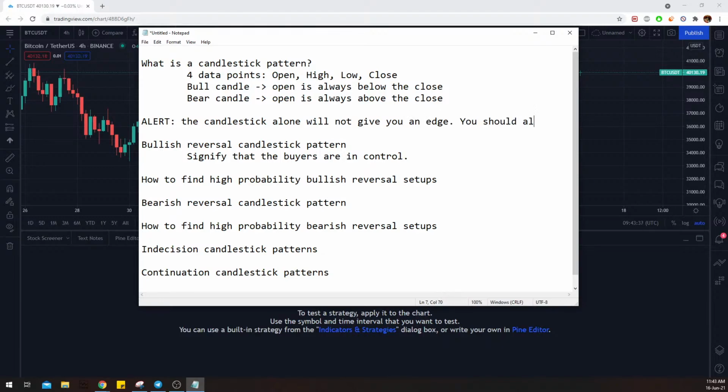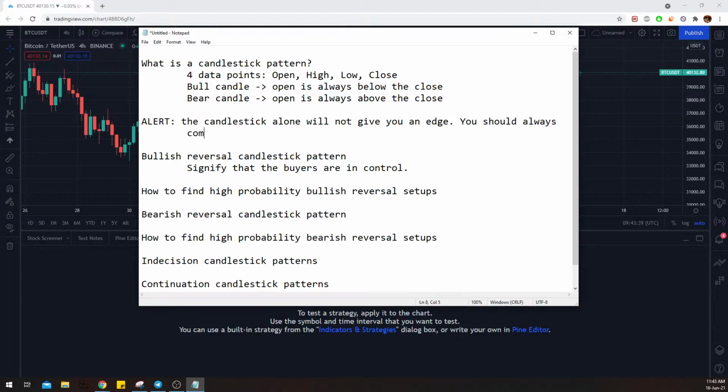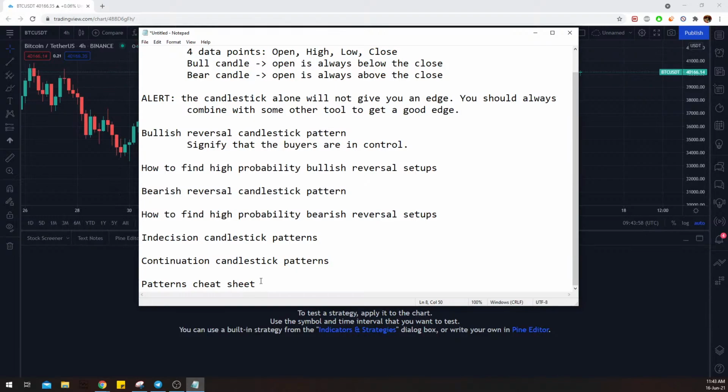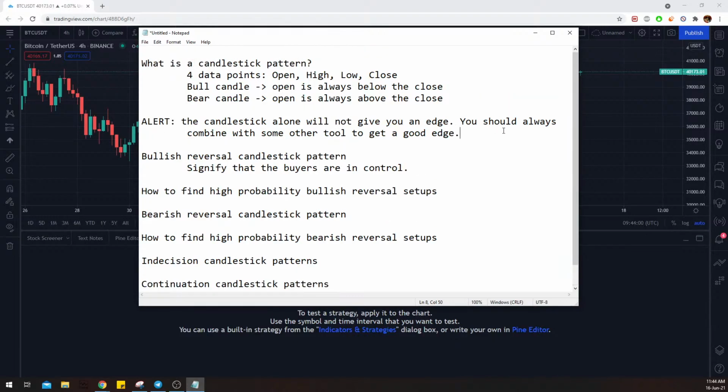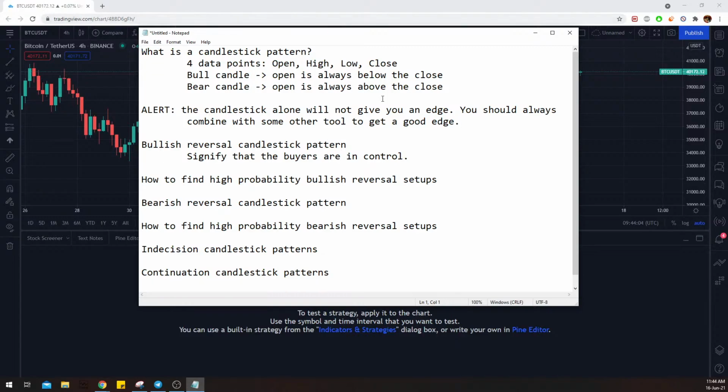You should always combine it with something else, with some other tool, to get a good edge. Just put it like this. And then when we go down to this part, I'm going to explain a little bit more on how you can combine this one. So yeah, this would be the first part.